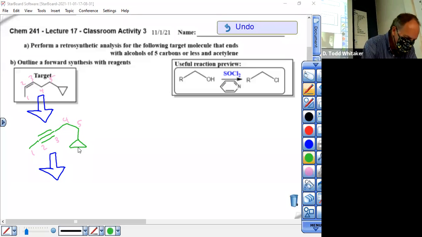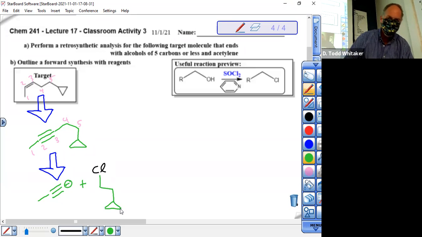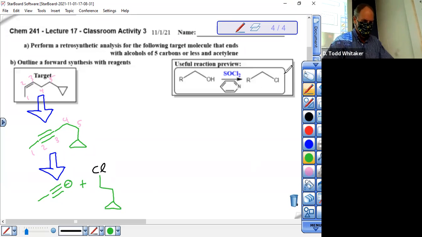It comes from a C-triple-C minus, because that's the only C minus you know how to make, and a carbon with a chlorine on it. There's a good reason why we're doing chlorine, because my useful reaction that I gave you has chlorine right here.